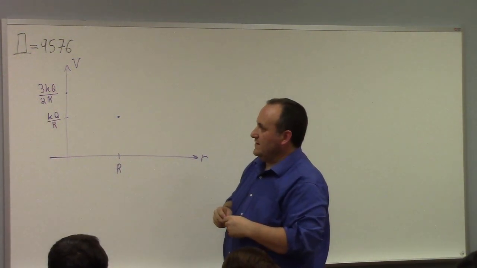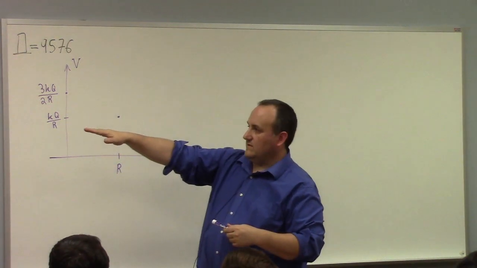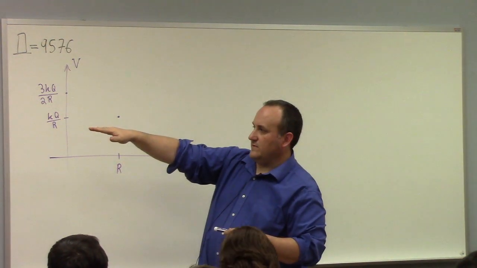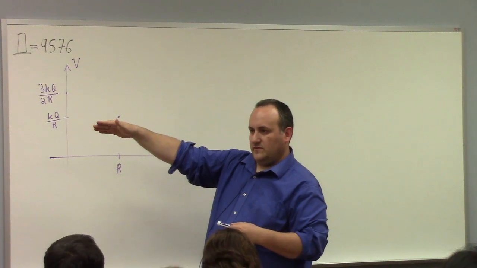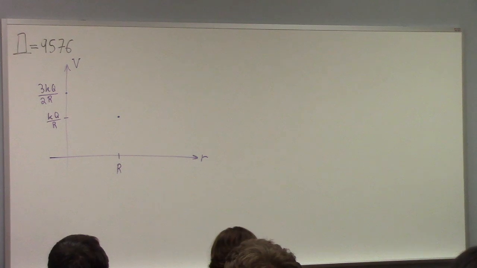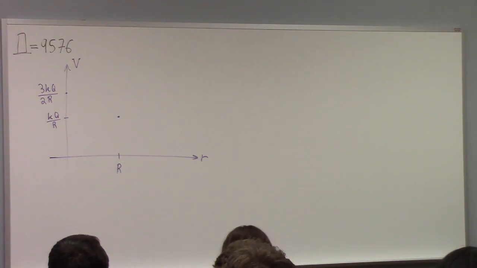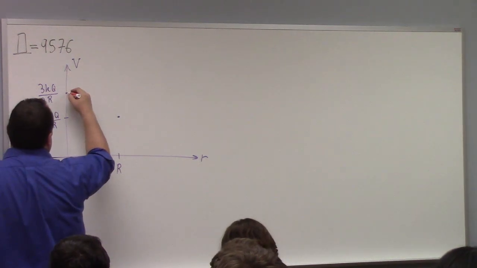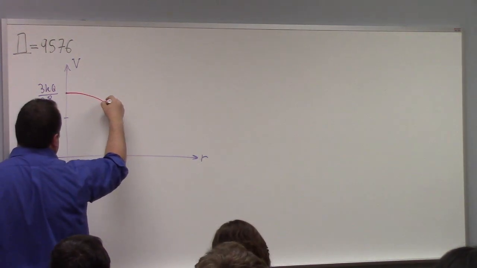And what's the dependence? It's a quadratic, right? And so it's got a negative, so it's a parabola that's opening down, right? It's like half of a parabola, like that. So I believe it looks like this.